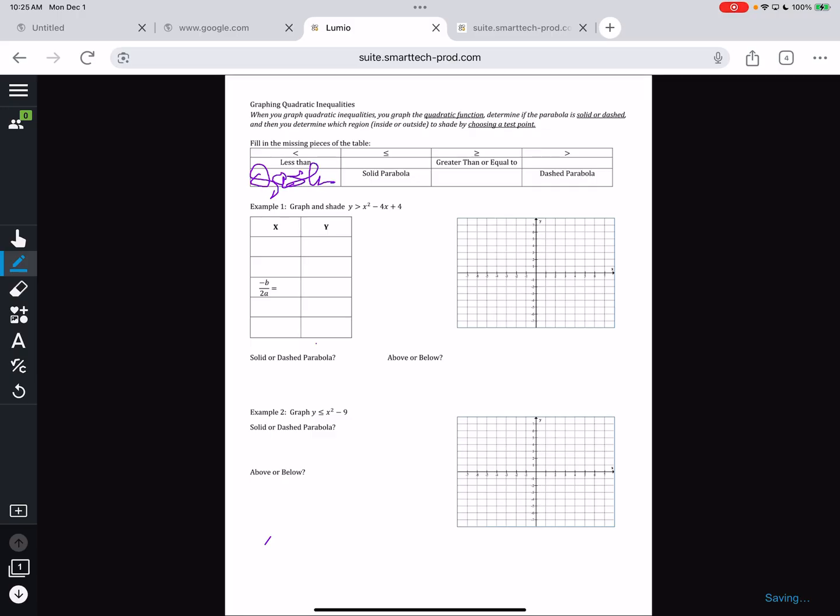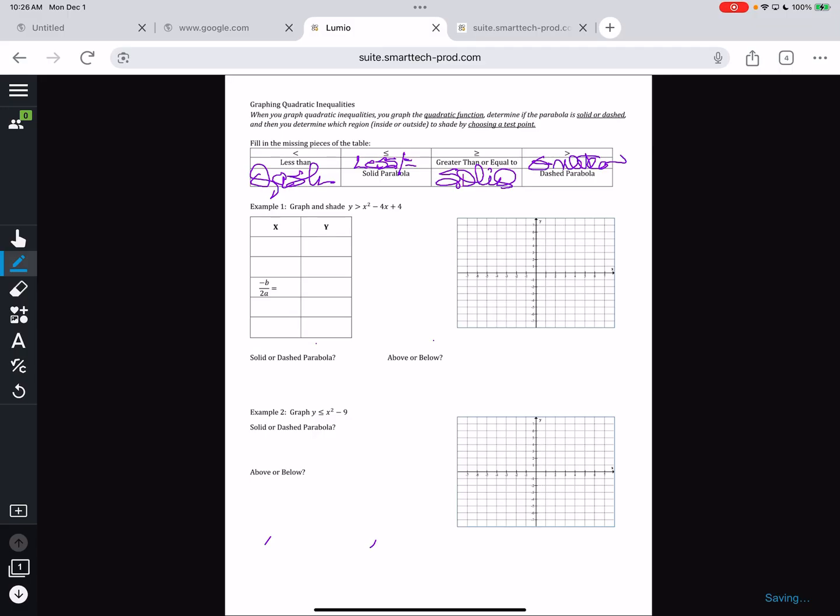Now, if it's a solid parabola, for less than or equal to, it's still going to be less than or equal to. And then, of course, if it's greater than or equal to, it's going to be a solid parabola. And if it's just this sign, it means it's greater than. I think y'all know your signs.